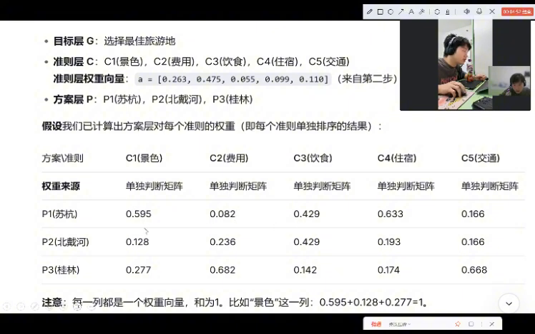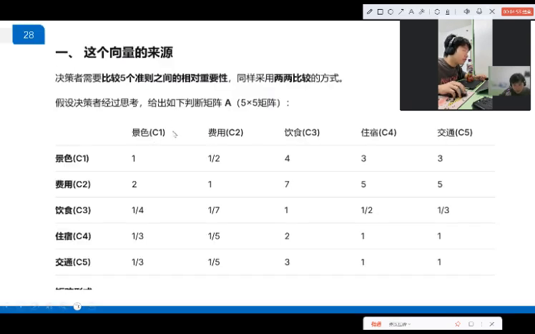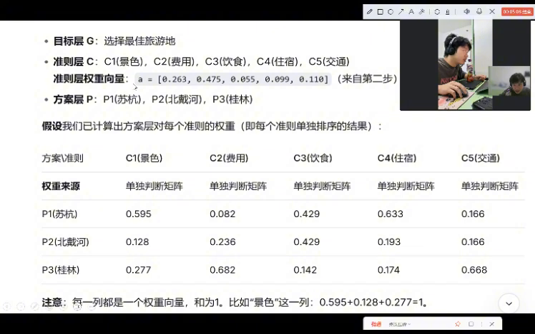As for the criteria themselves, we also have to evaluate them. So we do the same process, and we get their weight vectors here.